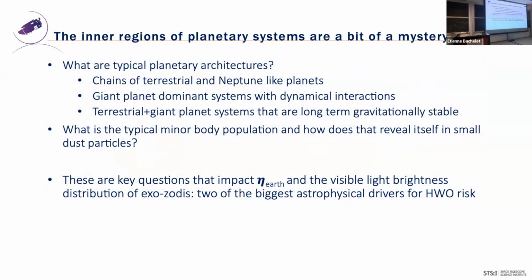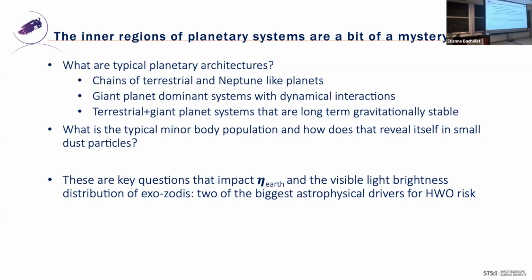Is it more like a giant planet-dominant system where there are a lot of dynamical interactions between these big giant planets and maybe not a lot of terrestrial planets? Or is it something more like our own solar system? These all exist, but we don't really know the relative fractions of each. So getting at a typical planetary architecture is a really interesting question to answer.